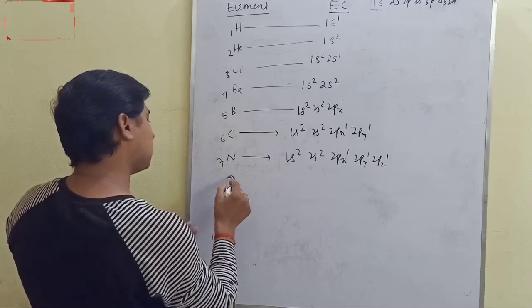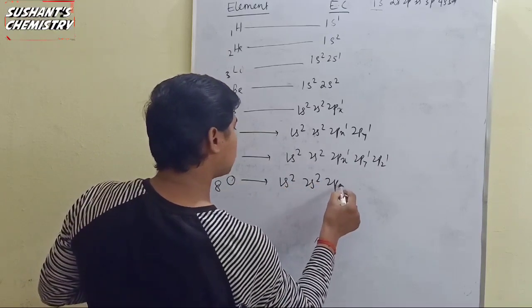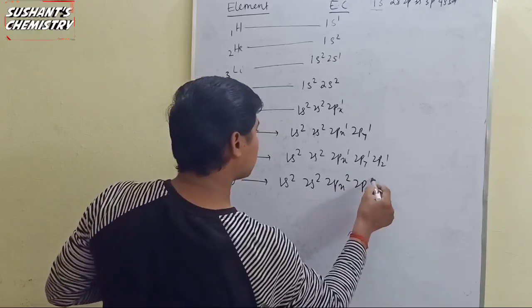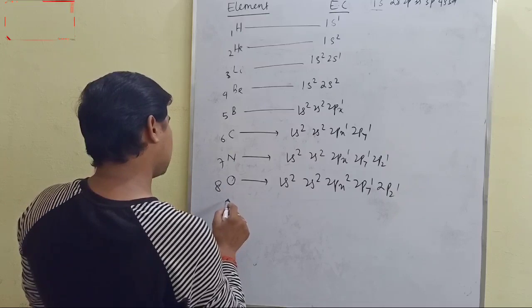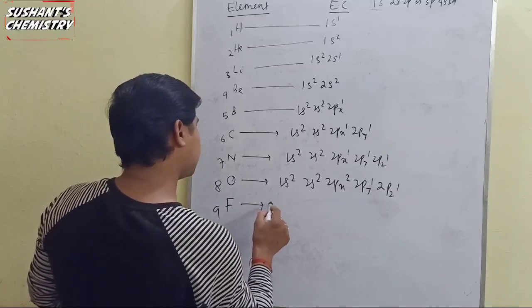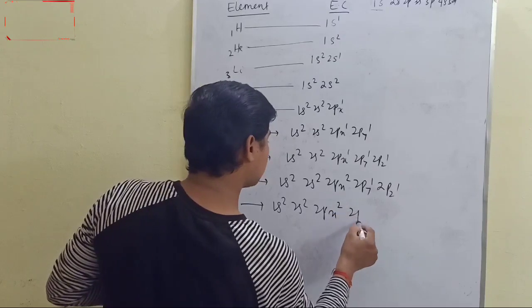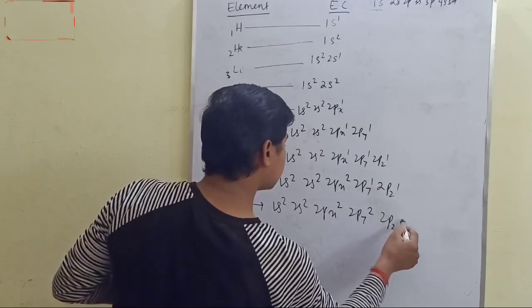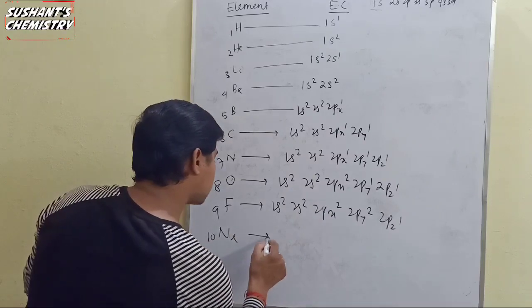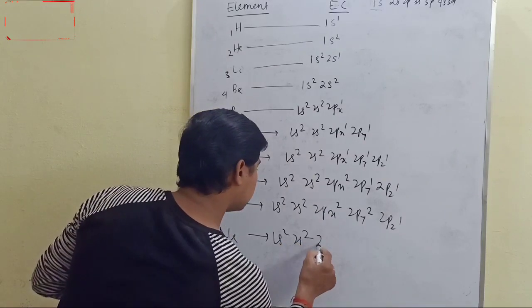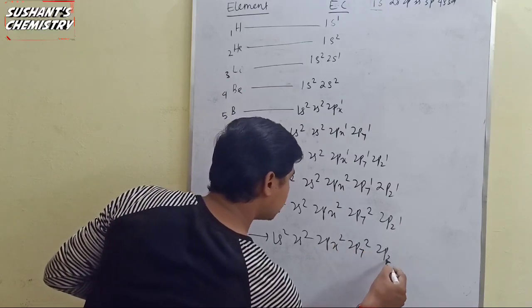Similarly, oxygen 8, 1s2 2s2 2px2 2py1 2pz1. Fluorine 9, that is 1s2 2s2 2px2 2py2 2pz1. Neon, that is 10, 1s2 2s2 2px2 2py2 2pz2.